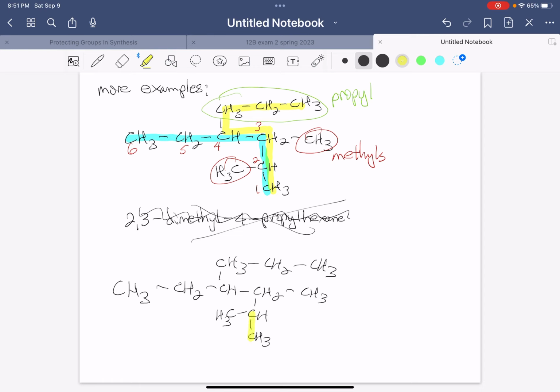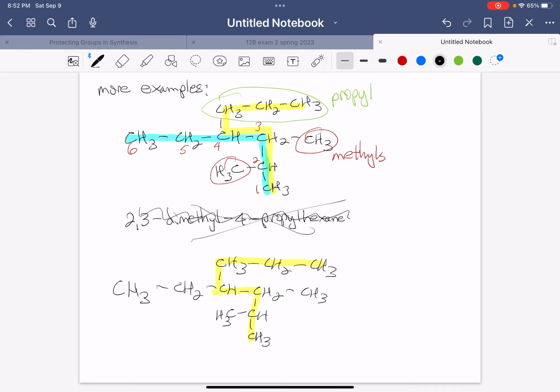So 1, 2, 3, 4, 5, 6, 7. All right. And I'll just use my pointer here. 1, 2, 3, 4, 5, 6, 7, compared to 1, 2, 3, 4, 5, 6. Yeah, so I think I found it now.